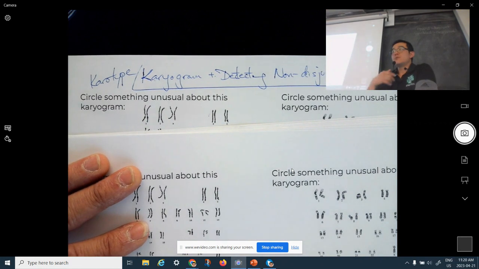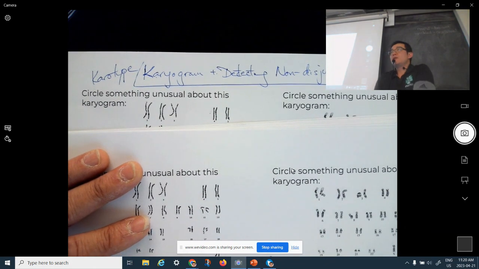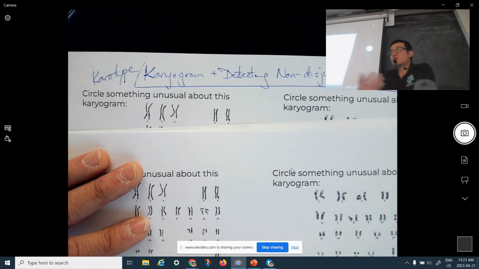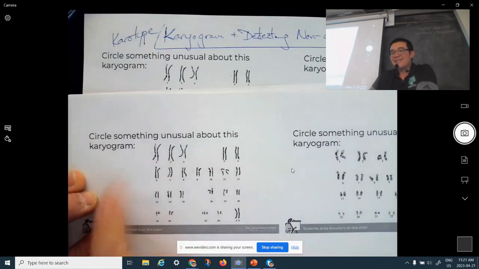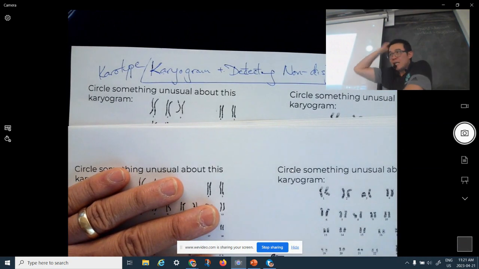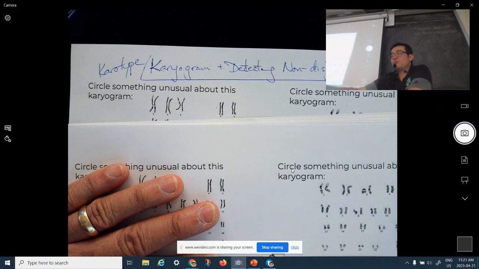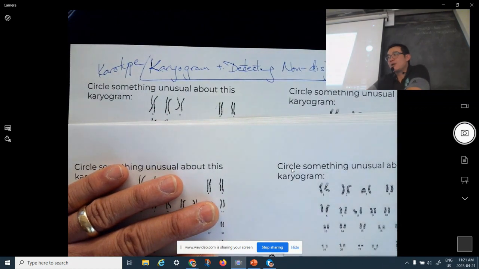In fact, a very common activity, even up to now, is that the teacher will give you a picture of someone's chromosomes, not nicely lined up like this, but all jumbled up. And then the activity asks you to match all the homologous chromosomes together based on length and band pattern.